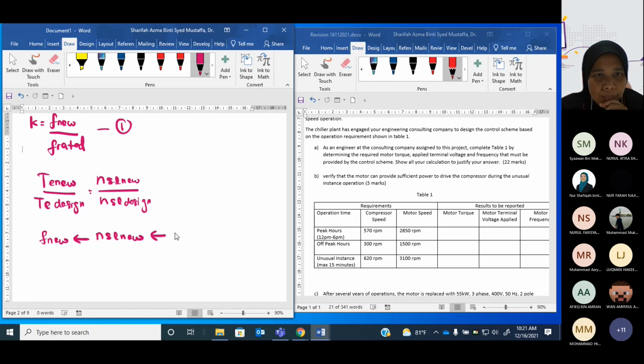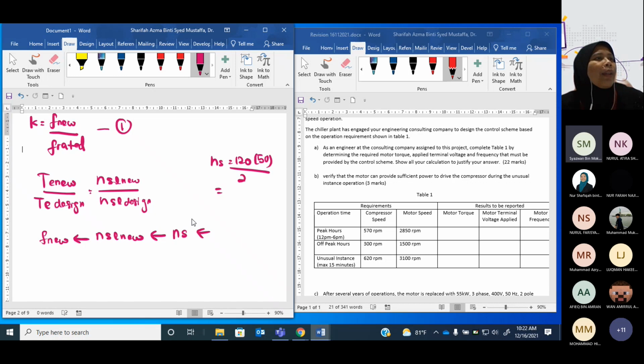Not yet. How to calculate your NS? 120 frequency over pole. What frequency? 50. How many poles? So what is NS? 3000 RPM.